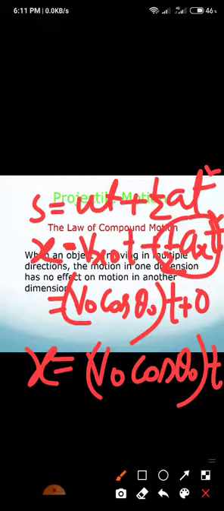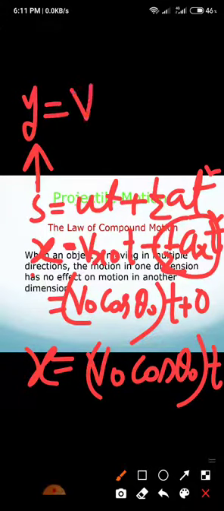So here this x is completely different, but when you find the distance in the y axis, y will be Vy naught t minus half gt square.